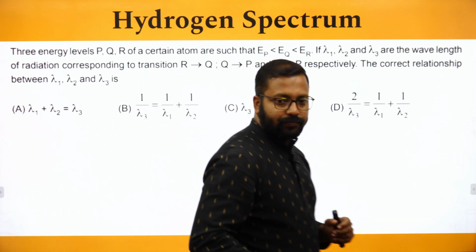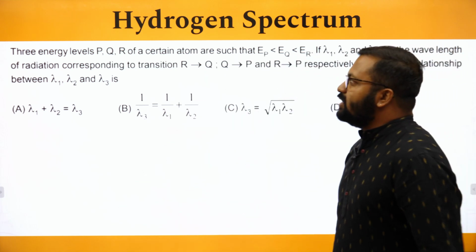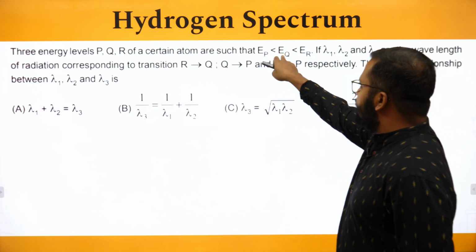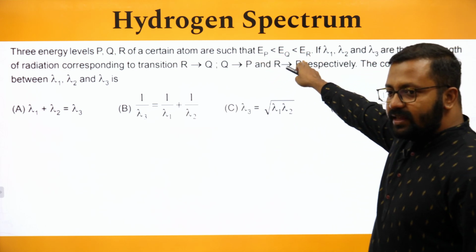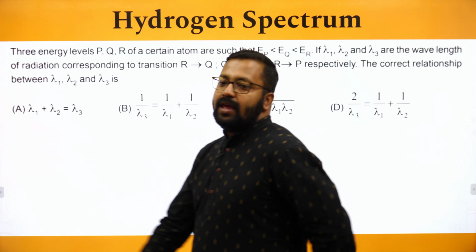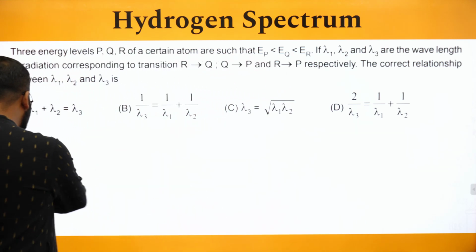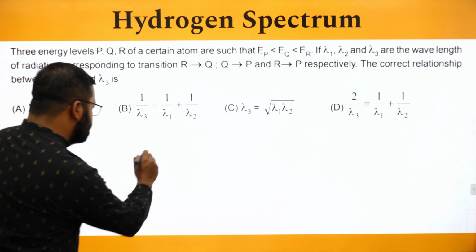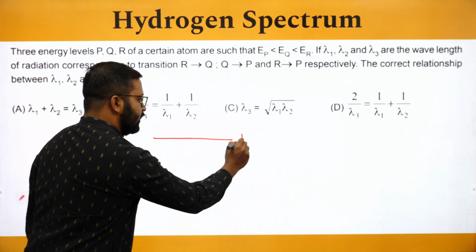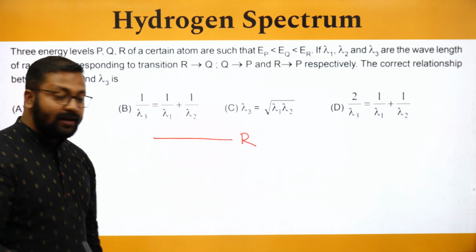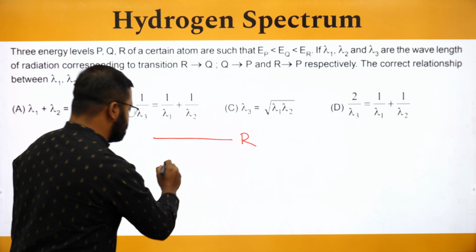Let's take this question. Three energy levels P, Q, R of a certain atom are such that EP is less than EQ is less than ER. What is the meaning of this? That means ER is somewhere over here. This is the R level; maximum energy is for R, so R is farthest.